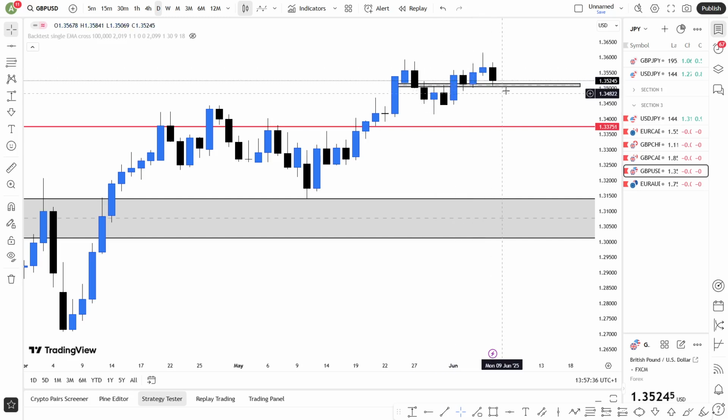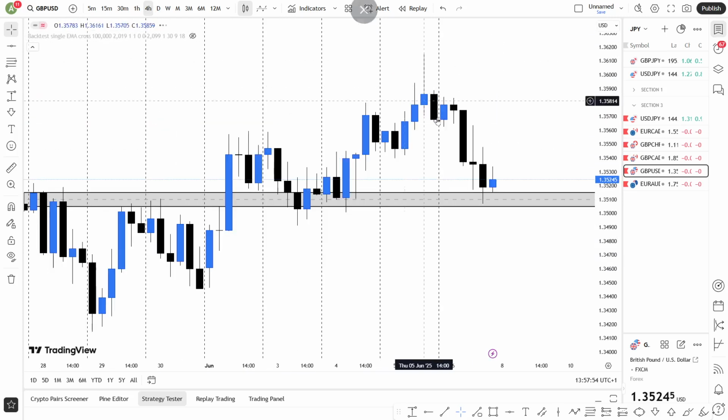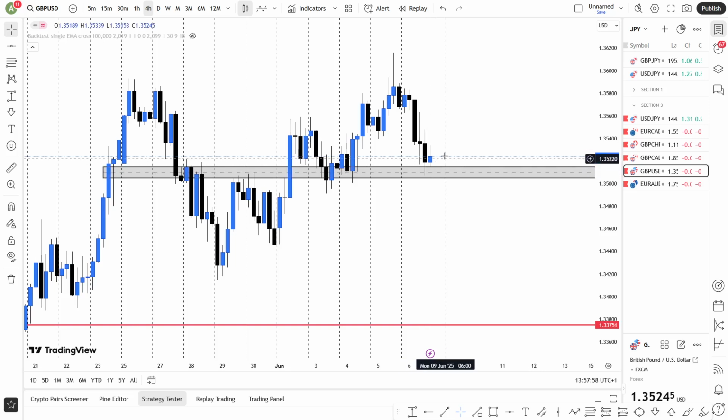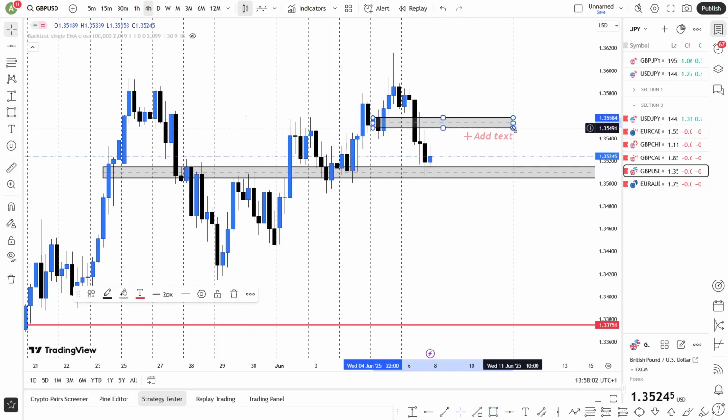Once this low is broken to the downside, we're expecting price to take out this low back to this old high. So our main focus is this old high here. Once price breaks this low, if you step to a 4 hour candle, we're expecting price to break this low, and price might eventually trade back to this point.